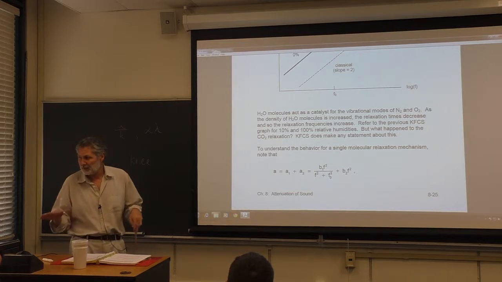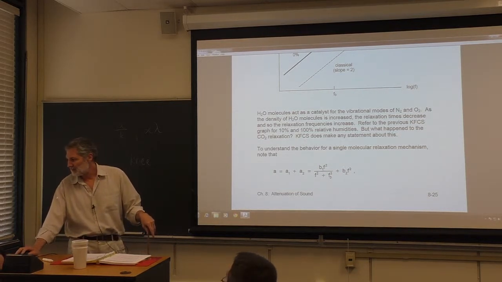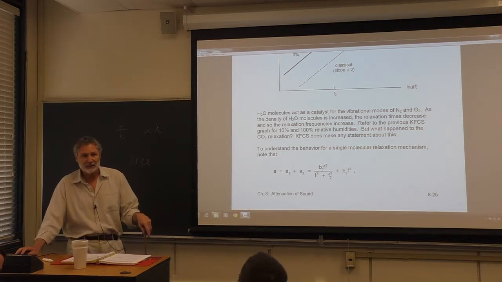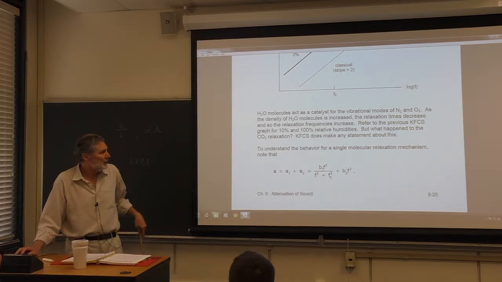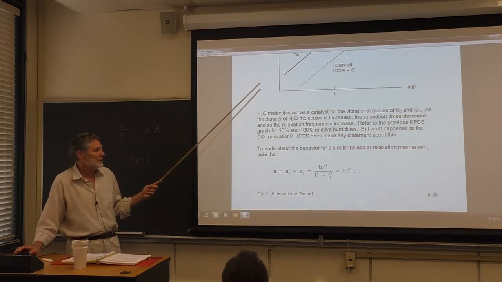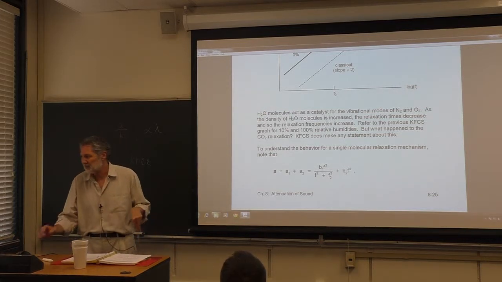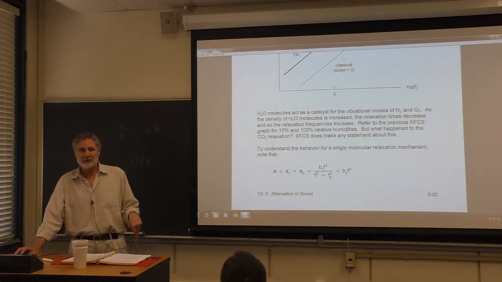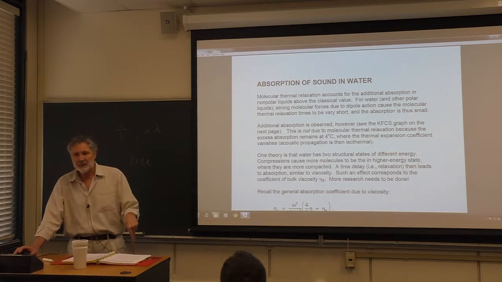And especially now that we get to water, we'll see that it's apparently not completely clear what's going on here. It looks like there's room for more research. So anyway, I think it's reasonable to assume that CO2 relaxation just got pushed up to such high frequency that it's dominated by the thermoviscous losses. Okay, any questions about air?